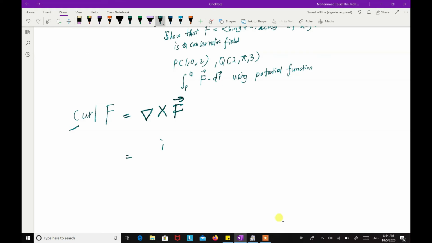The i, j, k components: then your first row will be del over del x, del over del y, del over del z.